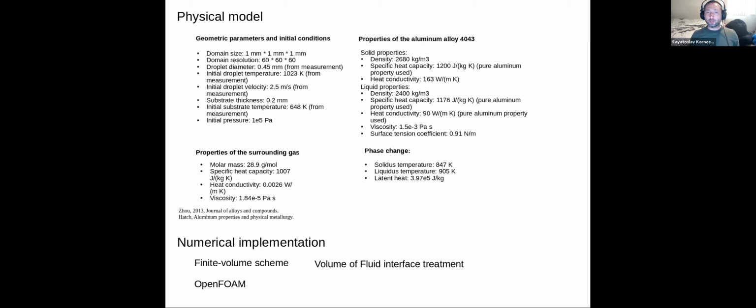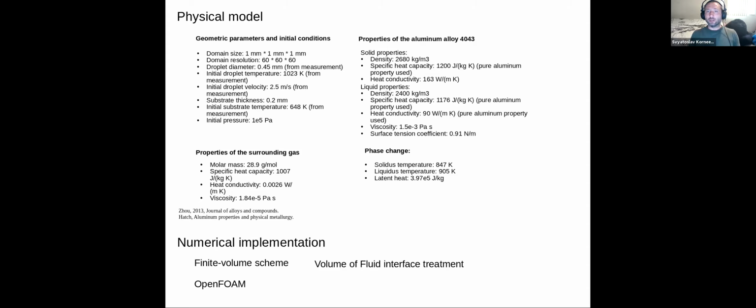But there are two parameters which cannot be measured because the model is simplified. We have two parameters which have to be tweaked and compared with experiment to get their values. These parameters are the Darcy drag term, which tells you how much drag you introduce for the liquid to become solid, and the time scale of the solidification, called the Lee constant.